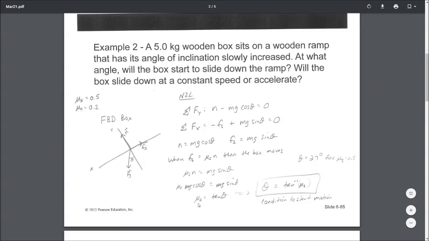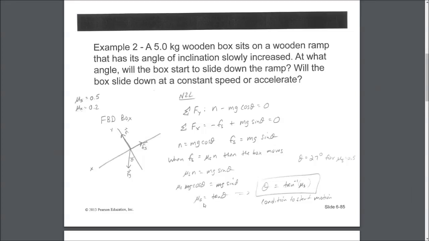The coefficient of static friction is equal to just the tangent of the ramp angle. So I solve for the angle, and it's the inverse tangent of the coefficient of friction. That's amazing. This applies to any situation. If you have an object on a ramp and you increase the ramp, when does it move? Well, it moves when your angle is the arctan of the coefficient of static friction.